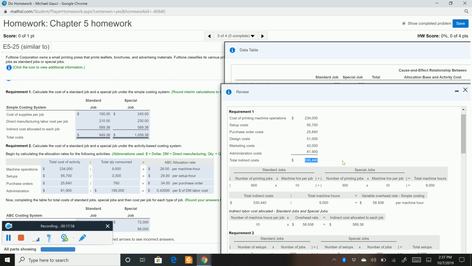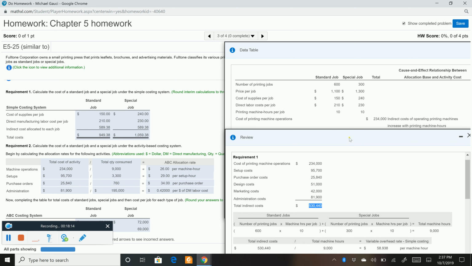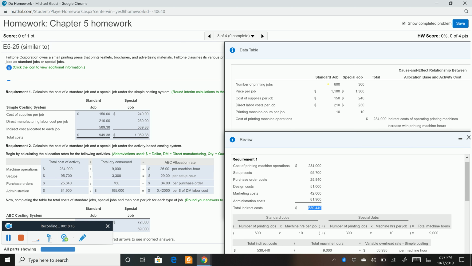All right, that's the whole idea of the simple method. Just use one cost driver to allocate all of the indirect costs. And so the best way to allocate the total indirect cost is based on machine hours. Looking at the data table given, as an example, the standard job, there are 600 printing jobs, and each job takes 10 machine hours.